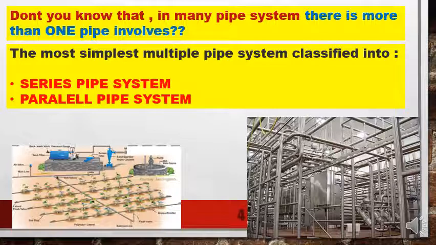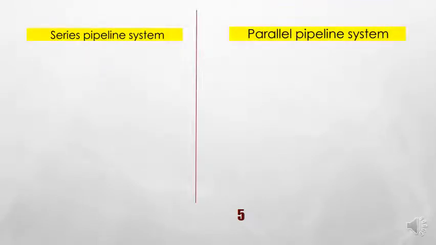So the simplest multiple pipe systems can basically be classified into two main categories: whether the pipes are arranged in a series pipe system or in a parallel pipe system. So what is the difference between series and parallel pipeline systems?